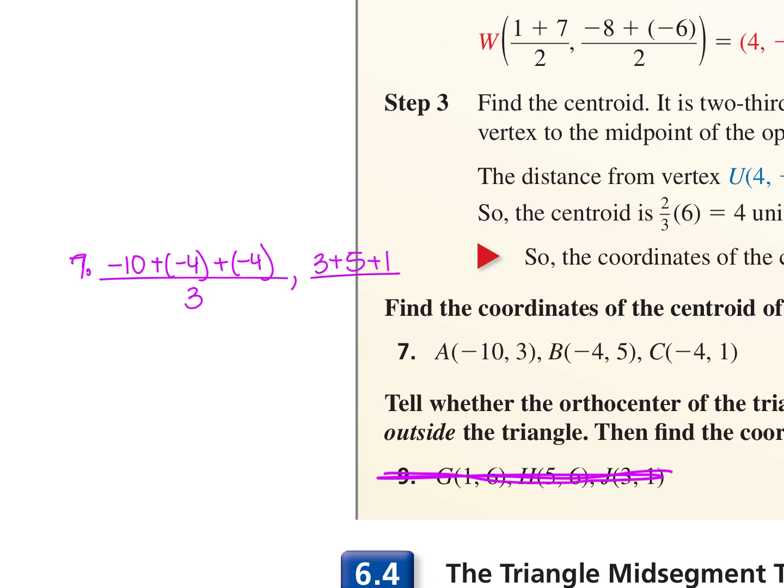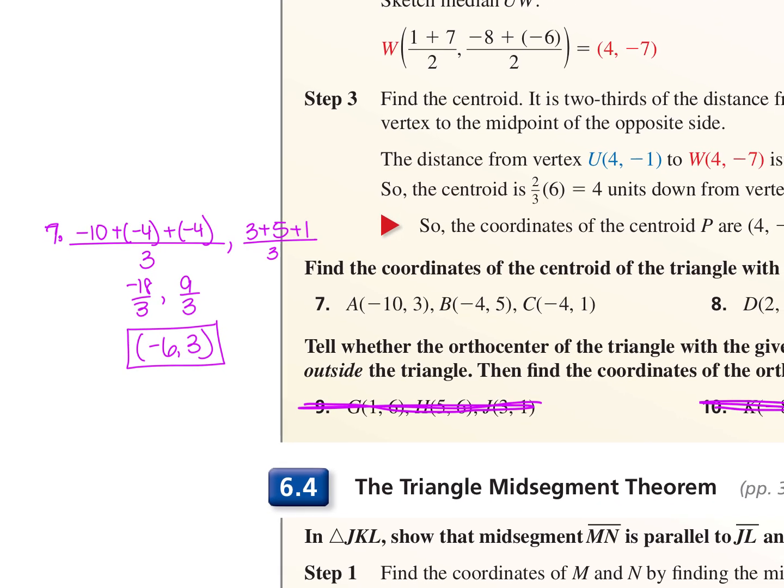So taking all my x values, adding them together, dividing by 3. Taking all my y values, adding them together, dividing by 3. I'm going to have -18 over 3 and 9 over 3. That would give me my answer of -6, 3.